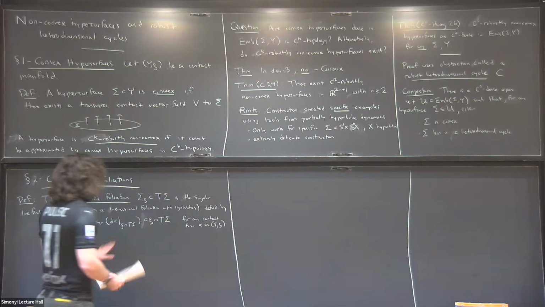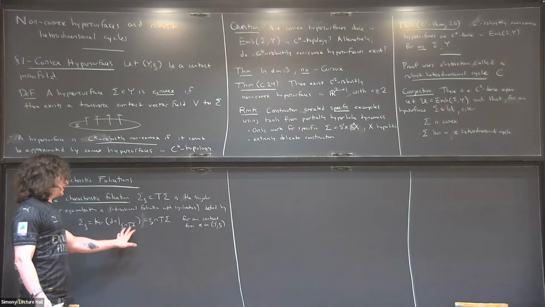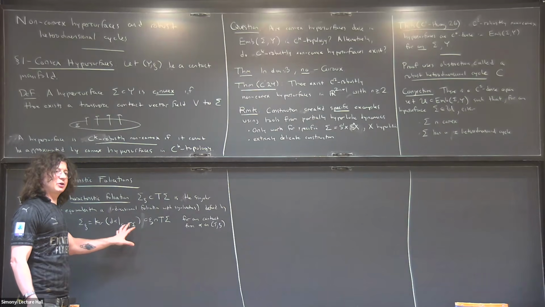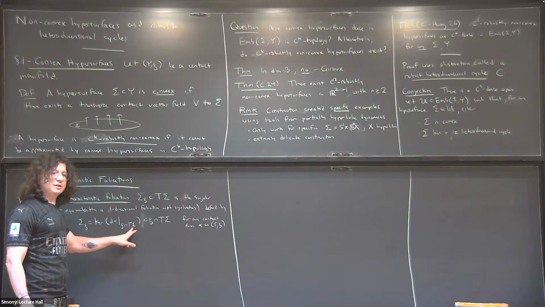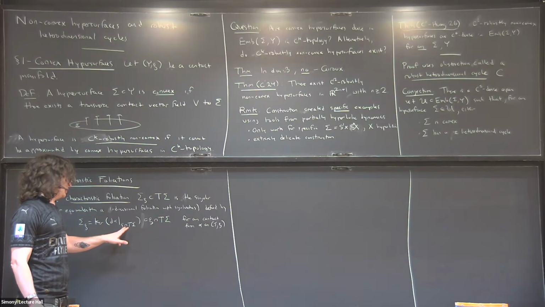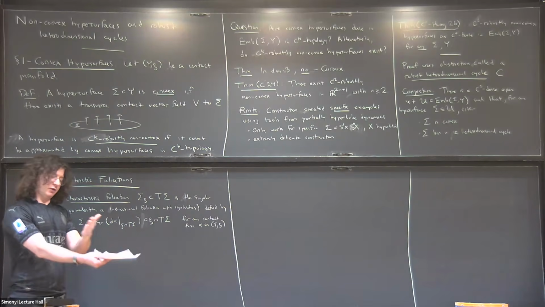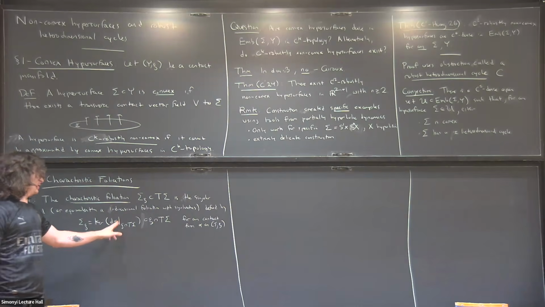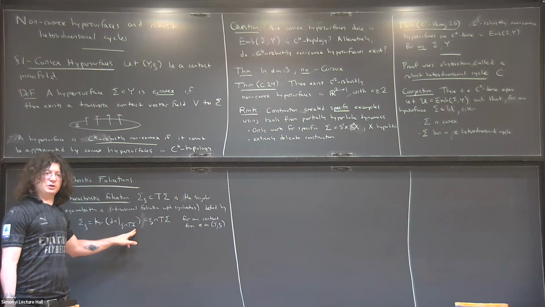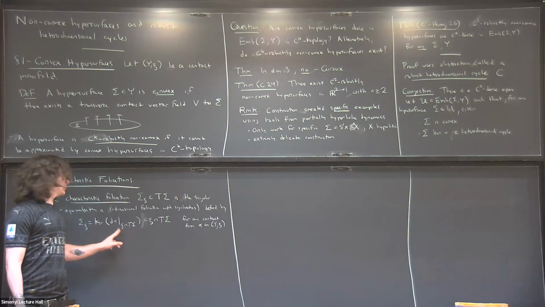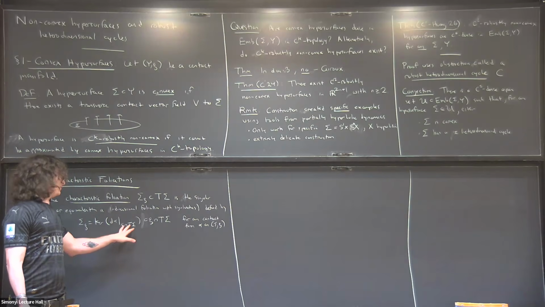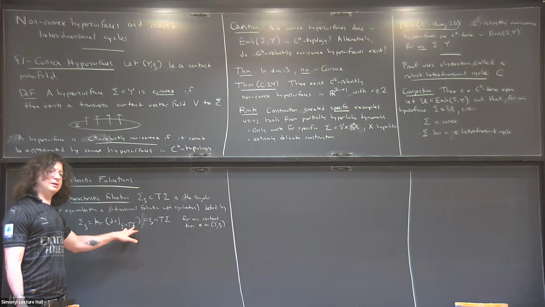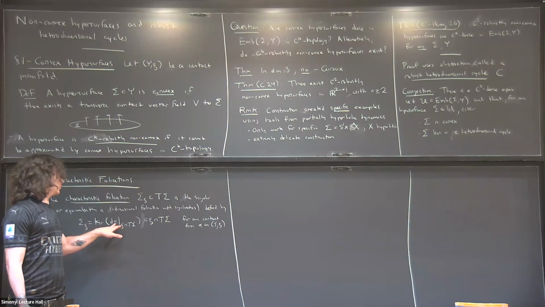So you take your contact structure, you restrict it to this subspace, right? This subspace could either be all of the tangent space of sigma, or, if the contact structure is transverse, then it will be some hyperplane inside the tangent space of the surface. And then you take the kernel of this. Now, if T sigma is equal to the contact structure, then this will be all of the tangent space, and this kernel will be zero.